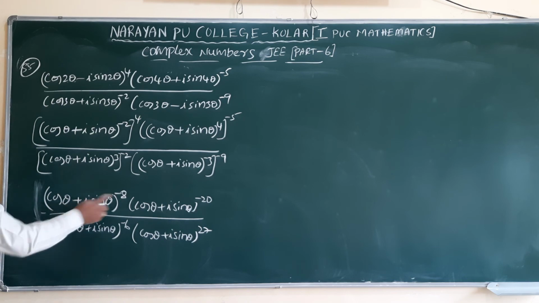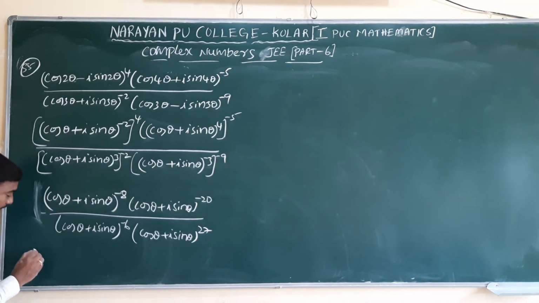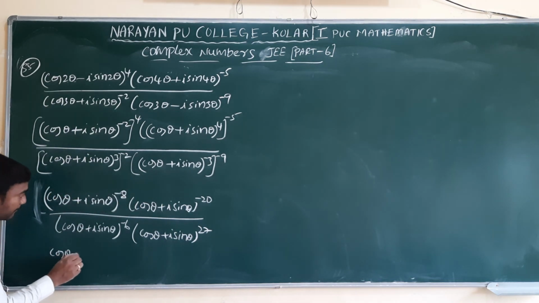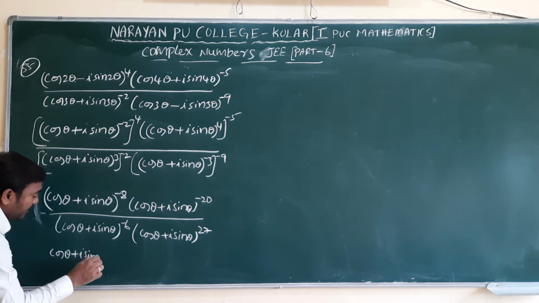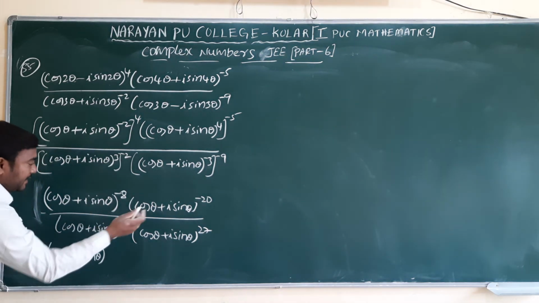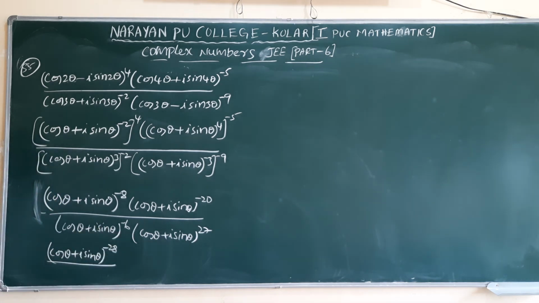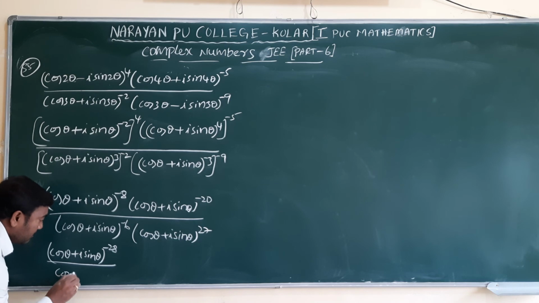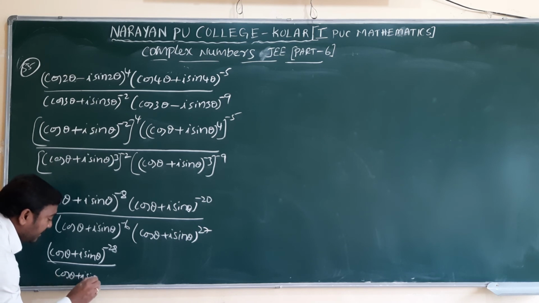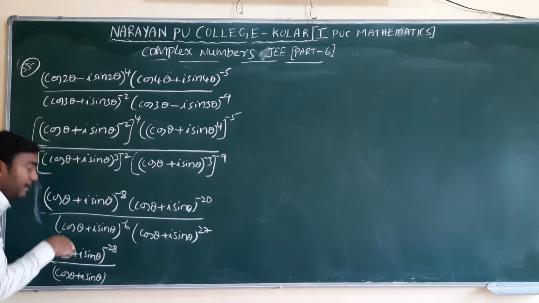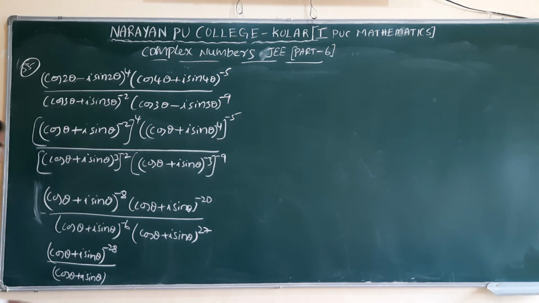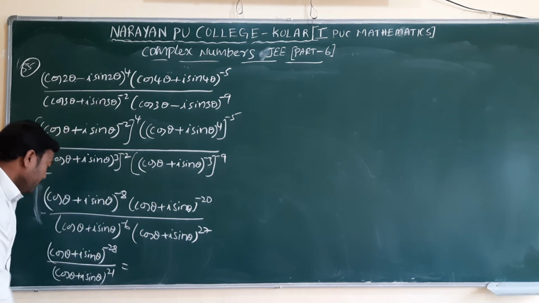Now the bases are the same, so powers should be added. So we get (cos theta + i sin theta) whole power minus 28, divided by, bases again the same, powers added: minus 6 plus 27, that is plus 21.